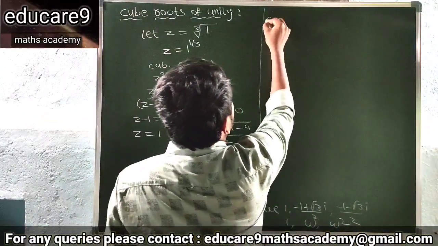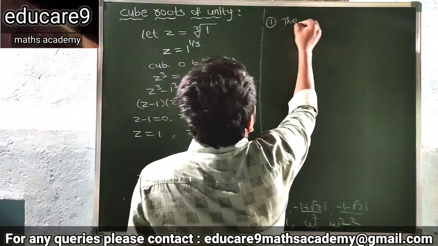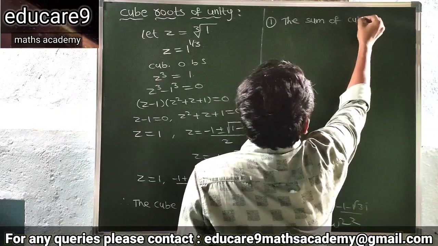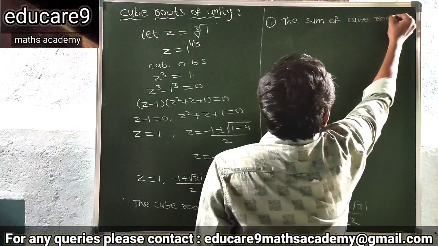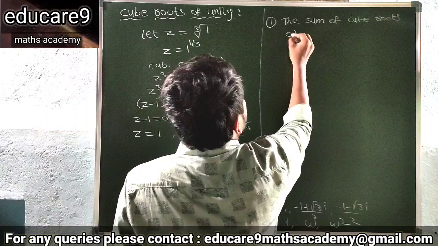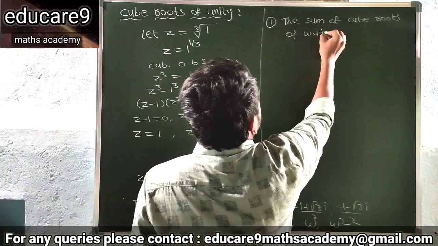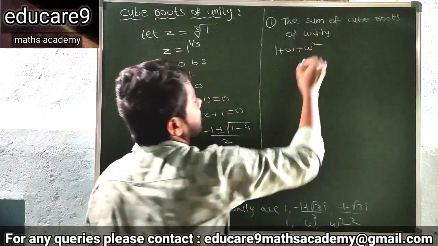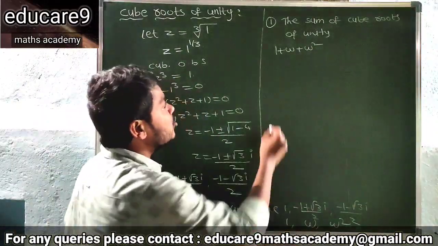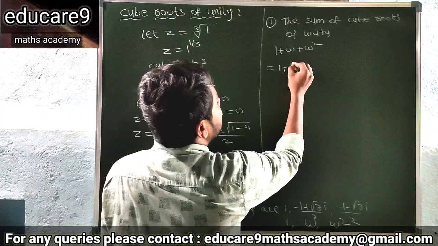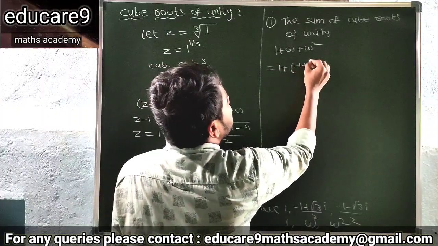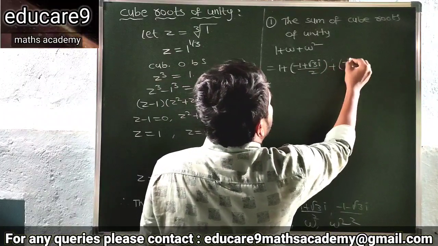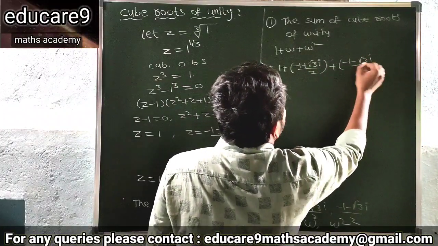Now first, the sum of cube roots of unity. That is 1 plus omega plus omega square. So clearly, that is 1 plus minus 1 plus root 3i by 2 plus minus 1 minus root 3i by 2.